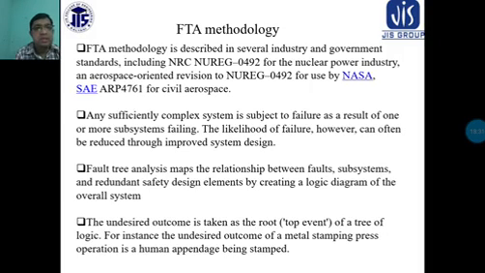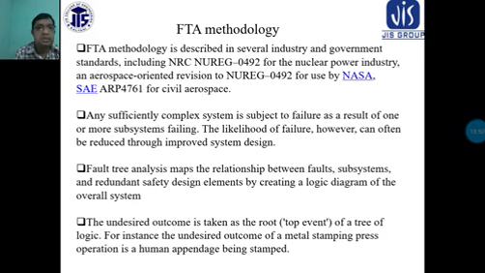Any sufficiently complex system is subject to failures as a result of one or more subsystems. The likelihood of failures, however, can often be reduced through improved system design.